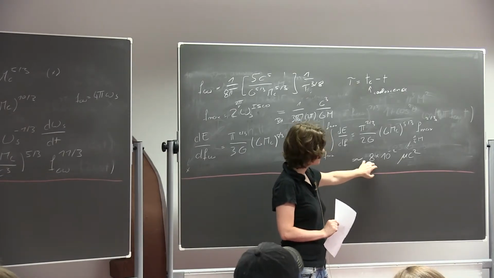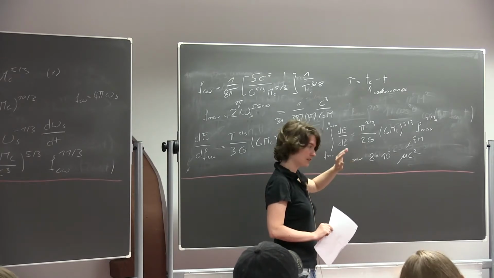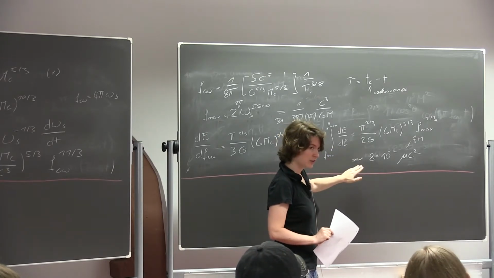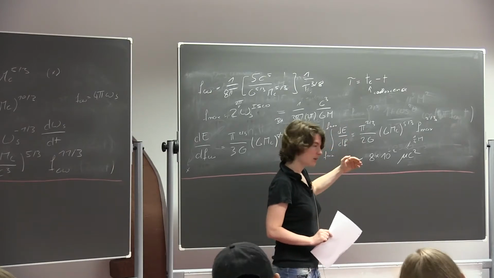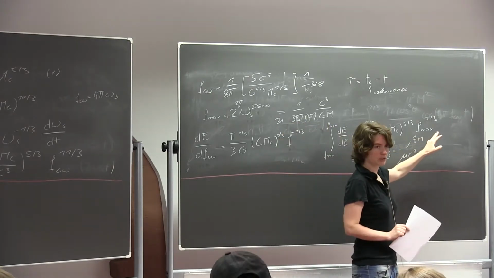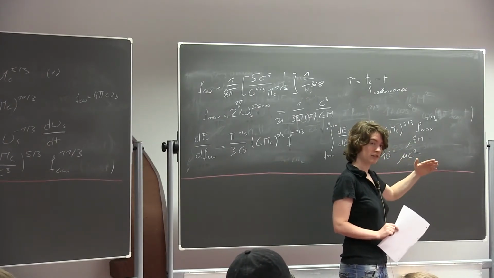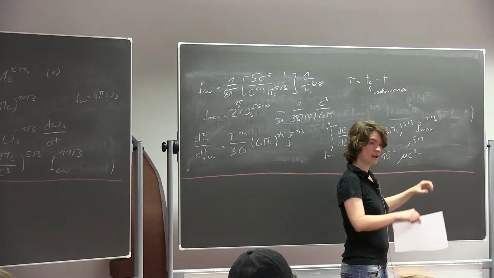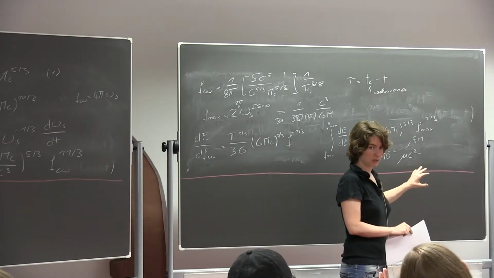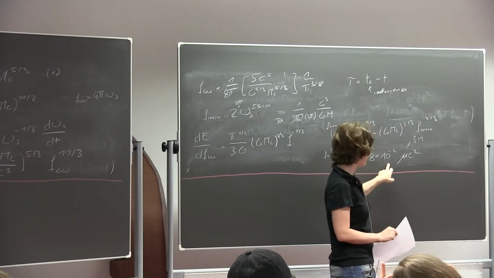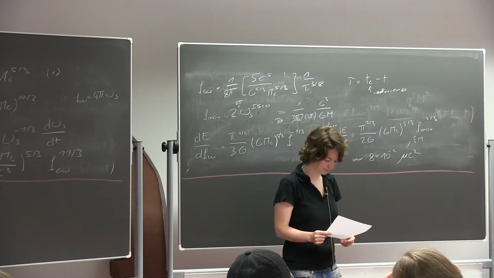And this is correct up to an order 1 factor. In reality, it's typically more like 4 or 5%. The reason is that here we've only computed the loss up until the maximum frequency, so only in this inspiral phase. But then there is the actual merger, and what happens after the merger also emits gravitational waves, which is why this number is not entirely correct, but it gives you a very good order of magnitude estimate.